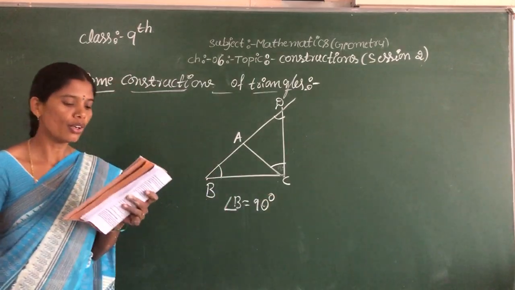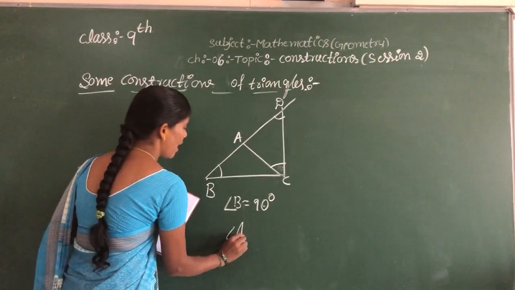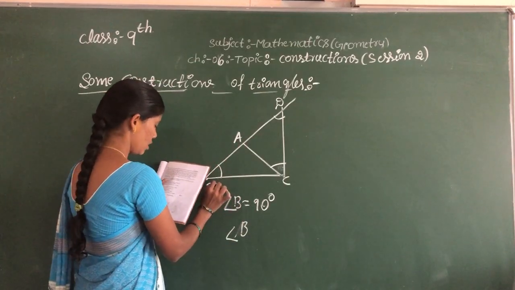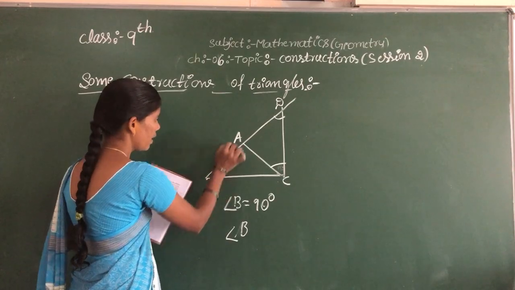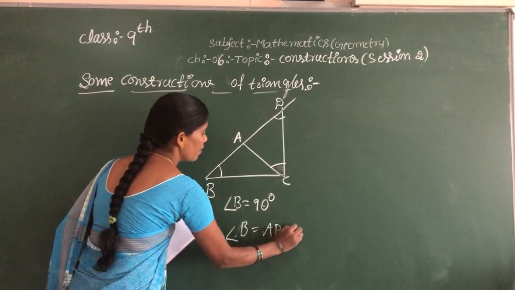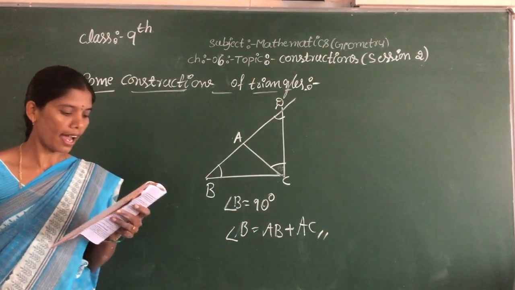Angle B is 90 degrees. And we need AB and AC, the sum AB plus AC. Only construction.